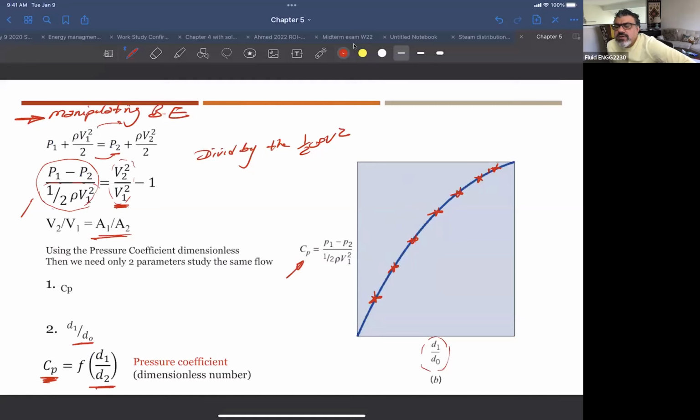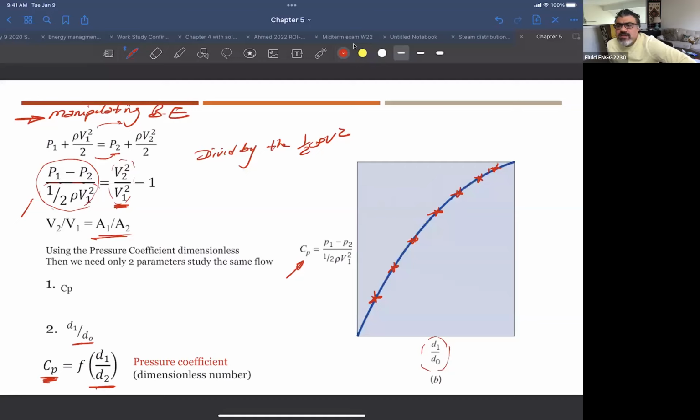Would we have a unit if we rearrange the pressure coefficient to get a single velocity or area? I don't understand this, but I'm trying. If we rearrange the pressure coefficient, so okay.